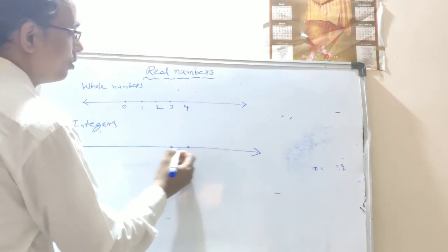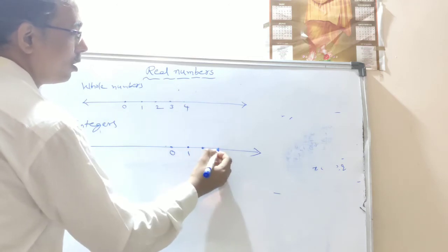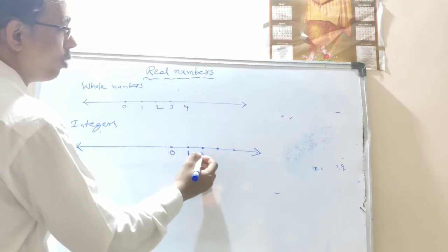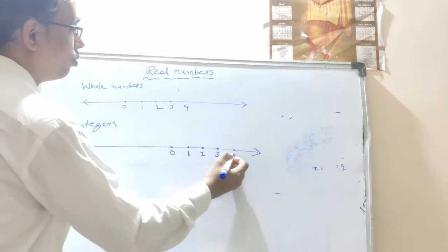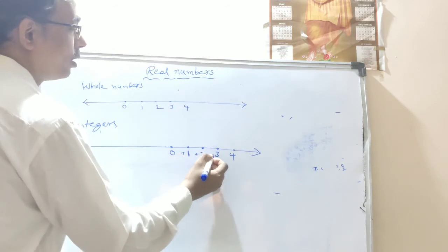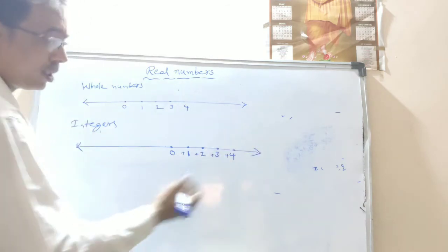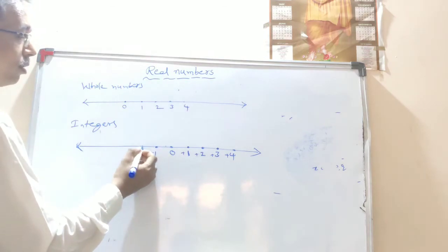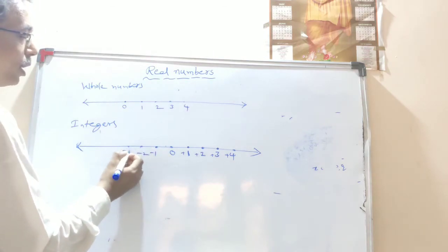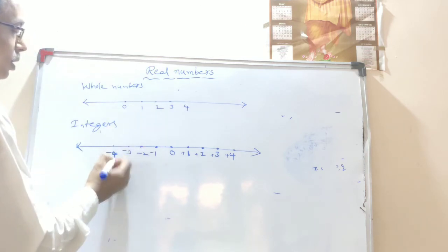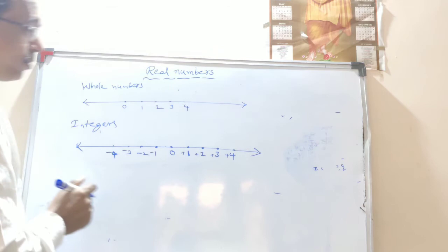Now locate points 0, 1, 2, 3, 4. Okay. On the right side of 0 we can locate the numbers as you know, and so on. And next on the left side we have to take the negative numbers at equal distances. Like this we can represent integers on a number line.